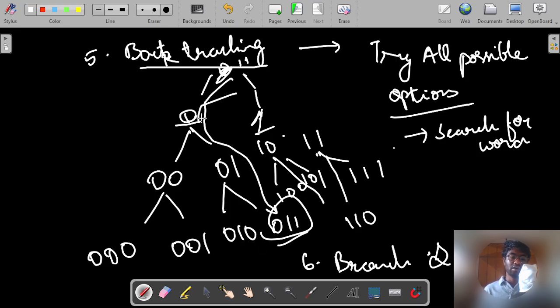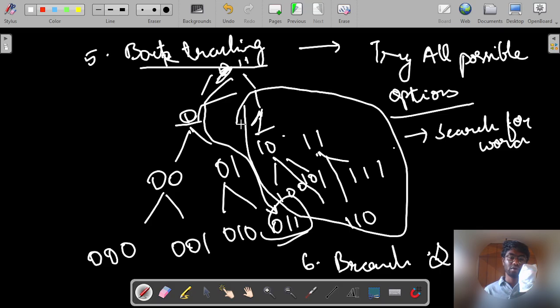So we avoid the entirety of this piece of execution. That's a slightly more optimized technique with branch and bound, right?